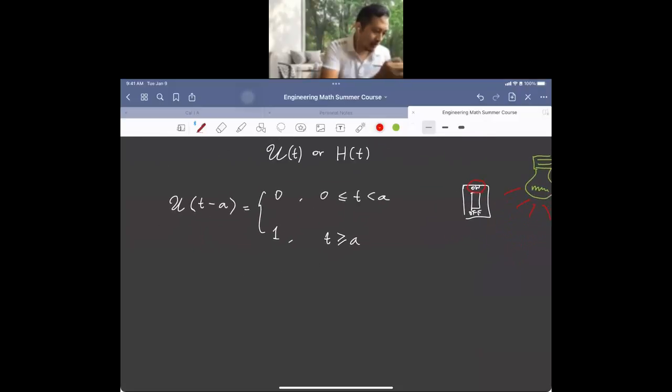We can try to imagine a graph. If this is our Heaviside function, let's say this is the t-axis, and let's say we have a in that way. This will be valued as 0, and this will be valued as 1.